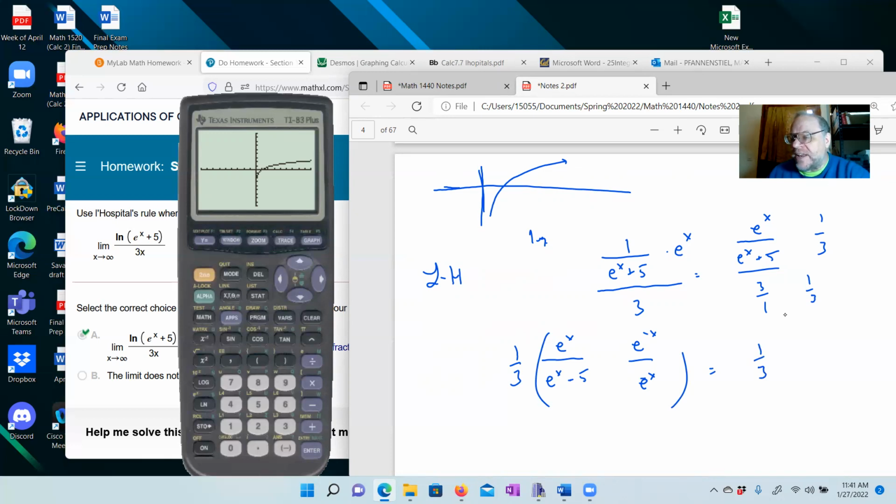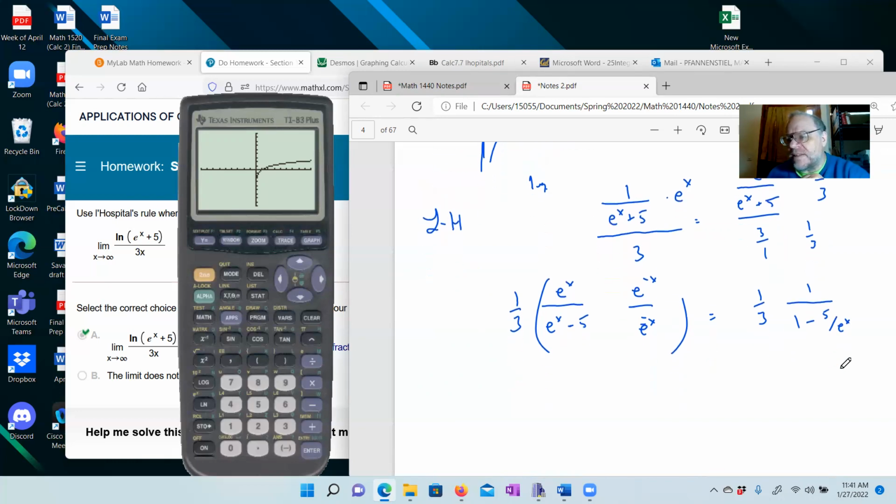E to the x times e to the negative x, that's 1. And we get 1 minus 5 over e to the x, or 5 times e to the negative x. Okay. As this gets bigger and bigger and bigger and bigger, right? This 5, yeah. Let's go with this.